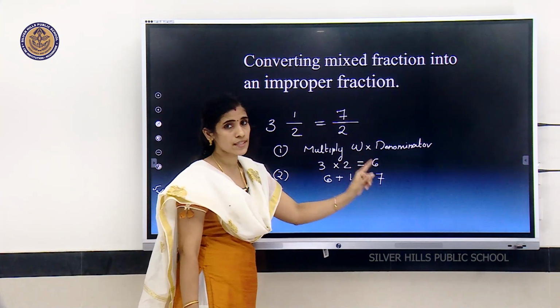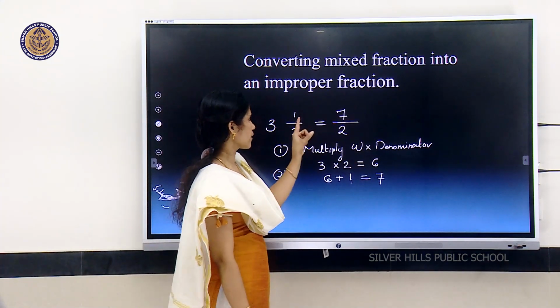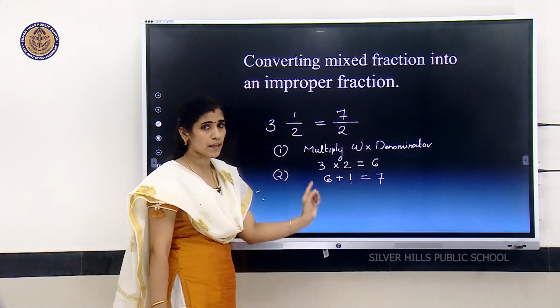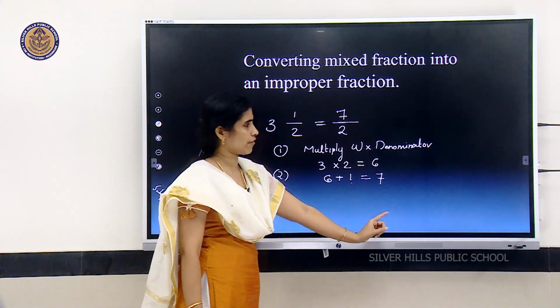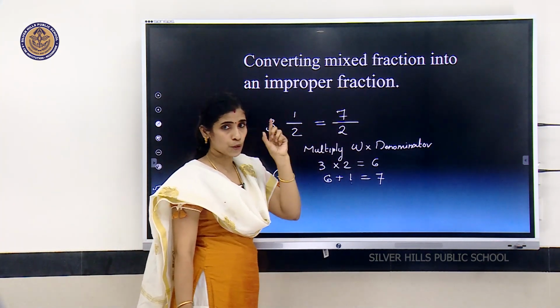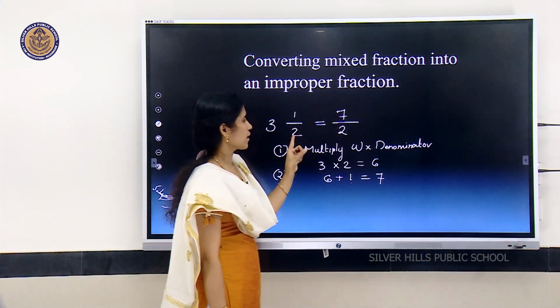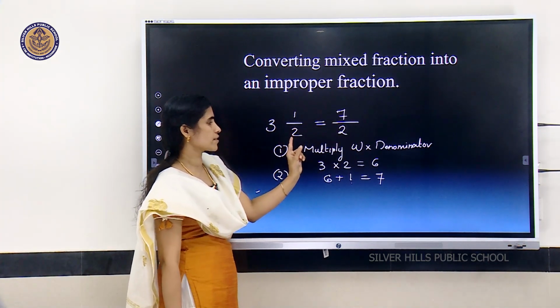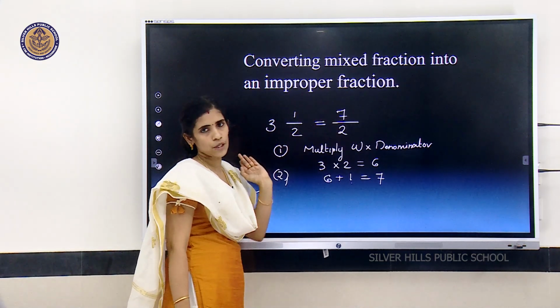We add the numerator 1 to the product 6, so 6 plus 1 is equal to 7. Then we write 7 as the numerator and write the denominator as the same, that is 2.